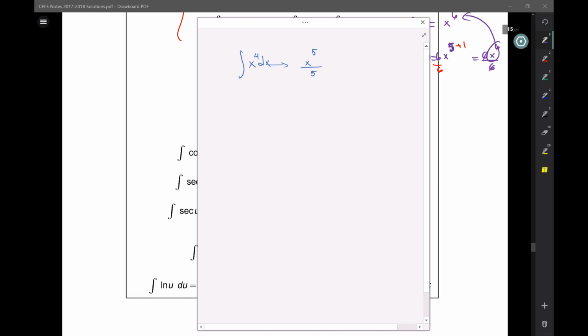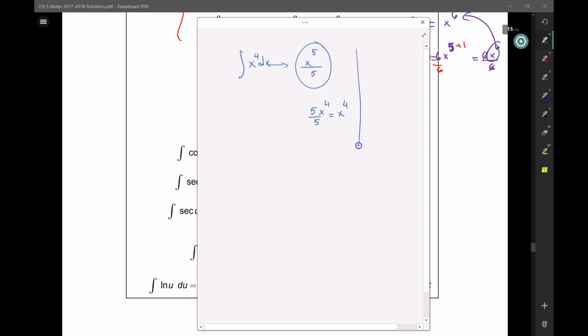Right. So now take a look at this one. Let me take a derivative of this. If I take a derivative of that, what do I get? 5x to the 4 over 5, which is x to the 4.